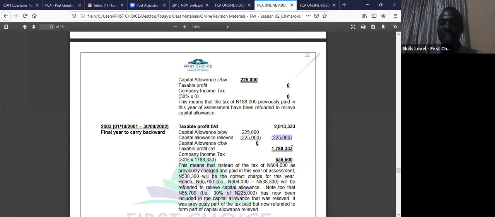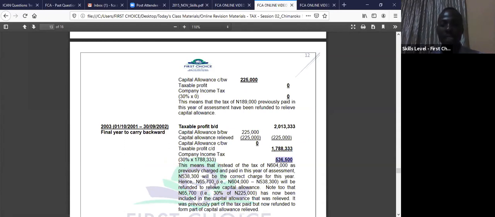That means your taxable profits should be this figure. So we're going to find 30% of this. So it's going to give you 536,500. So instead of paying a tax of 604,000, you are going to be paying a tax of 536,500.